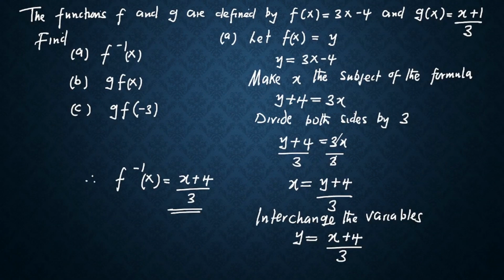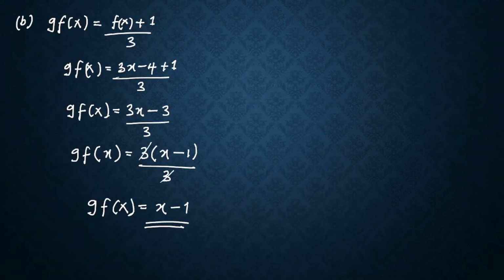Let's look at the C part of this question. What is it saying? It's saying g of f of negative 3. From what we just calculated in B, where there is x, you put a negative 3.